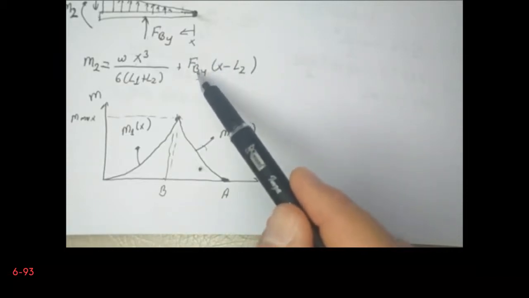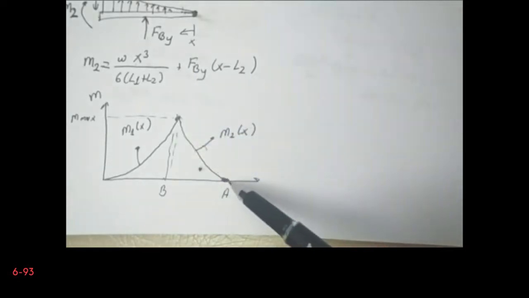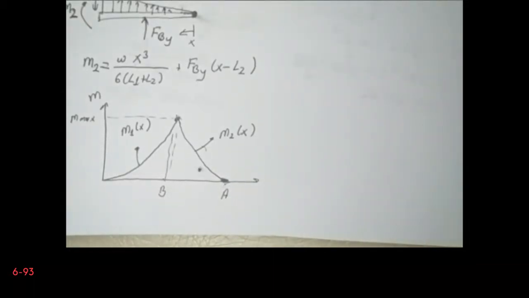Remember that the value for the FBY is negative, so it will decrease, and at point A it will become 0. So this is the bending moment diagram for us.